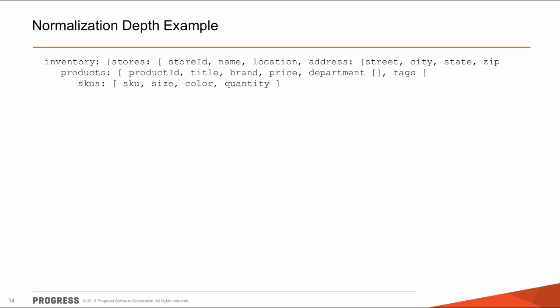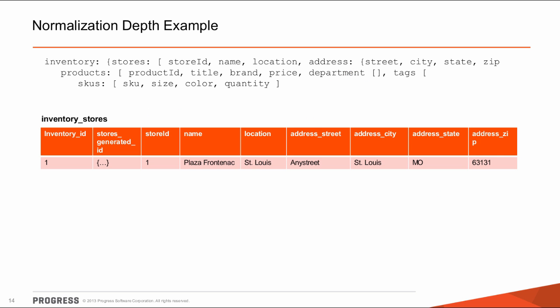And just to wrap this up in terms of examples, here's an example of a real-life JSON document structure from a customer of ours that represents store inventory, where you've got an inventory that consists of stores, an array of stores, names and locations and addresses. In this case, the address is a subdocument.